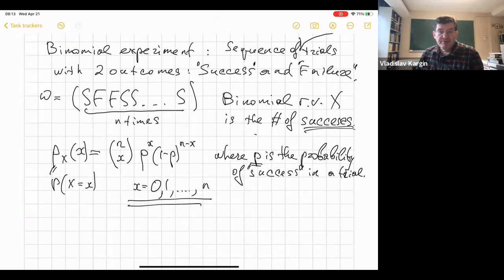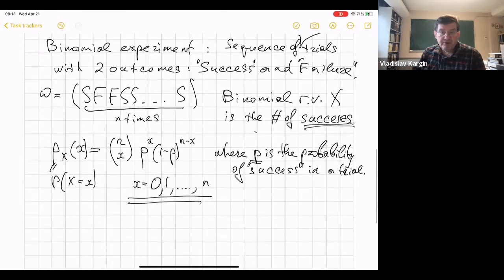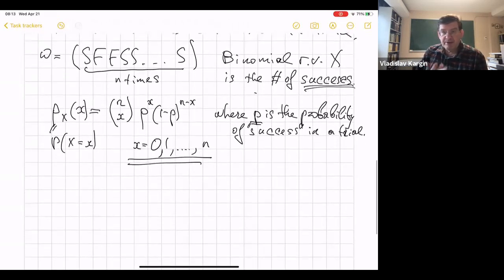Okay, so this is the binomial random variable. What's the generalization? The generalization is very simple. You assume that there are not two outcomes, but more possible outcomes.